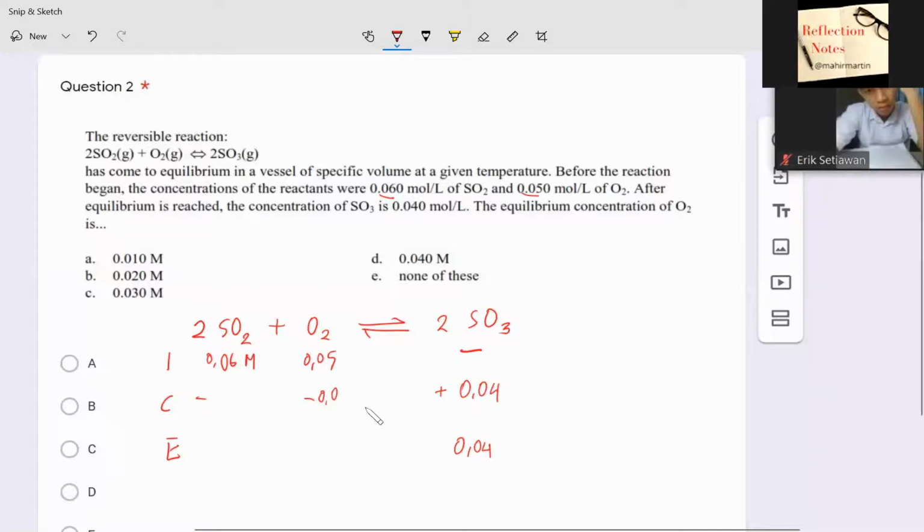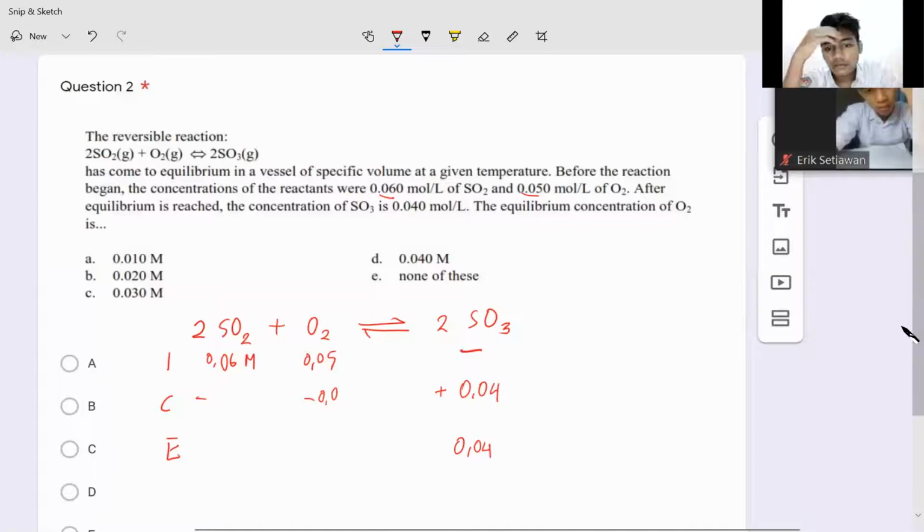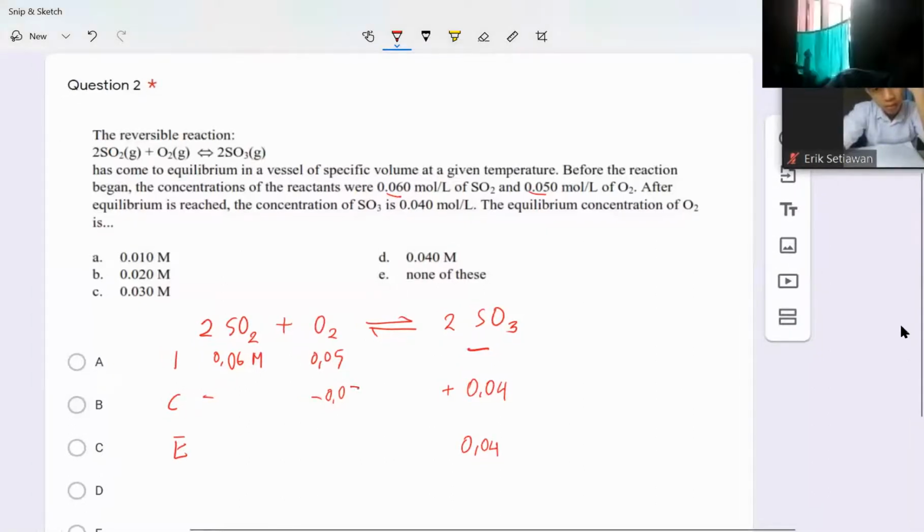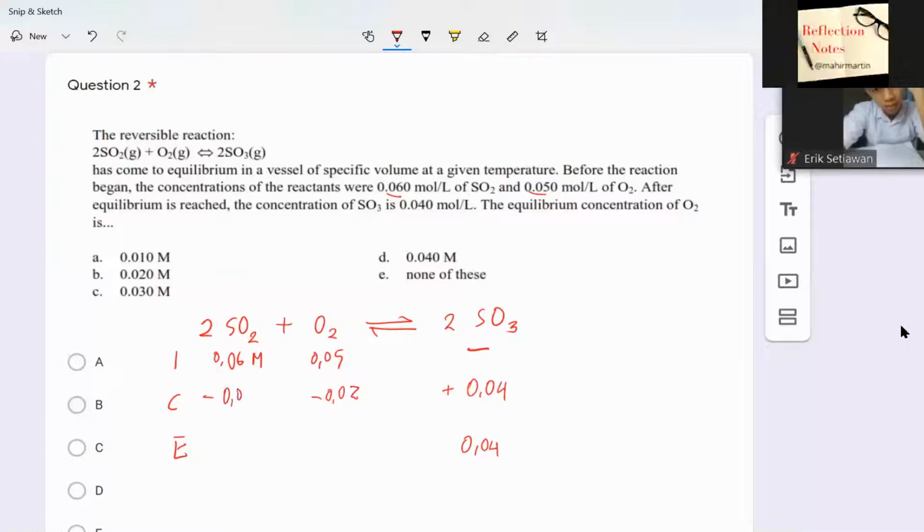So if it is 0.04 here, in oxygen, it must be 0.02, right? It must be 2 here. And here 0.04, isn't it? Because the same, yes. So when you sum, 0.02 here, 0.03 here, and 0.04 here. So the question is the equilibrium concentration of O2, it must be here, 0.03, so the answer must be C. Very simple question, isn't it?